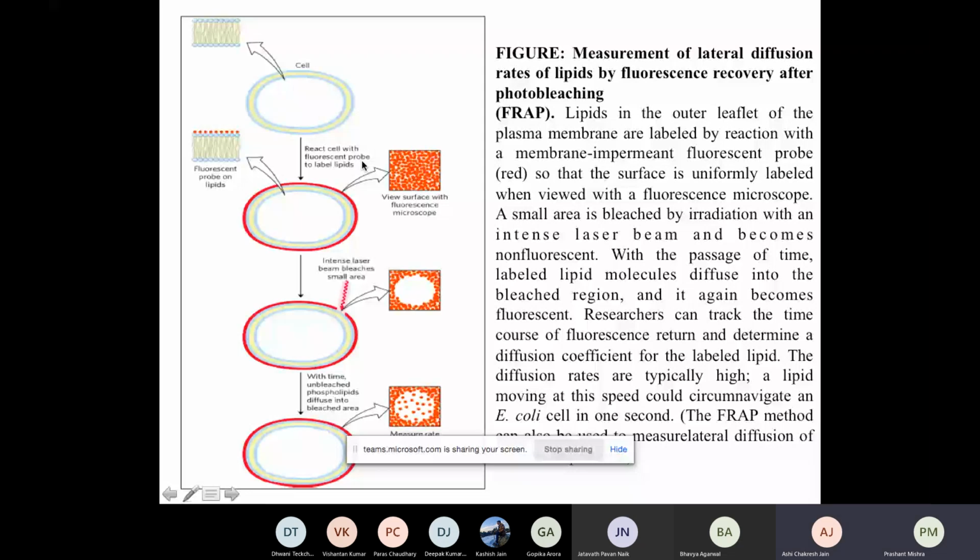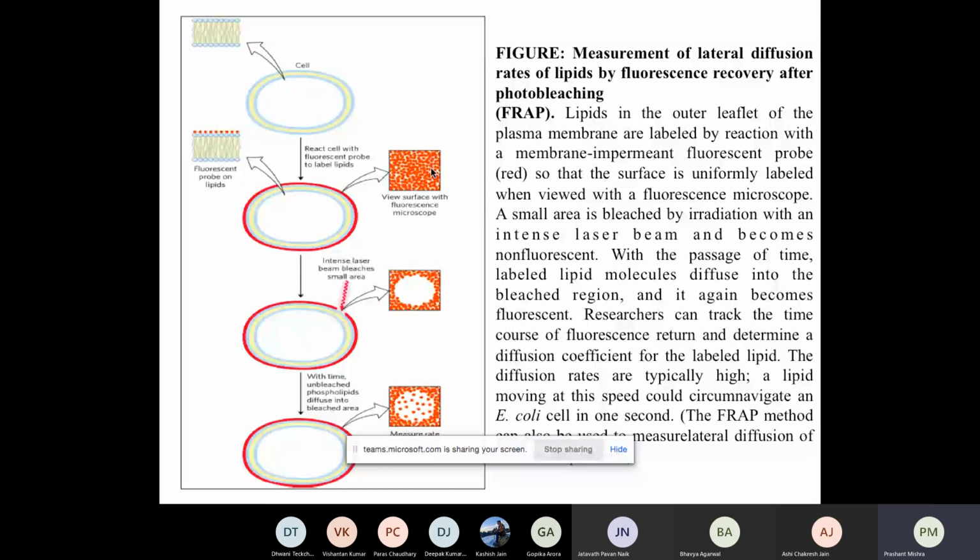So is it lipids? Why lipids? Just a guess. Okay. It could be a right guess, but the answer is that lipid, being a smaller molecule, will move faster. Anything which is small will move faster compared to the proteins. Why?